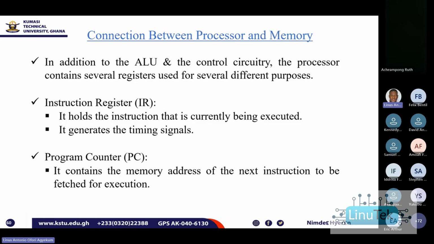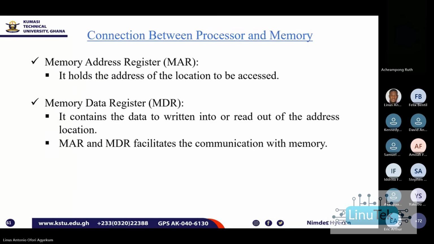It contains the memory address of the next instruction to be executed. And that is fetched from the memory for execution. The memory address register holds the address of the location to be accessed within the memory.